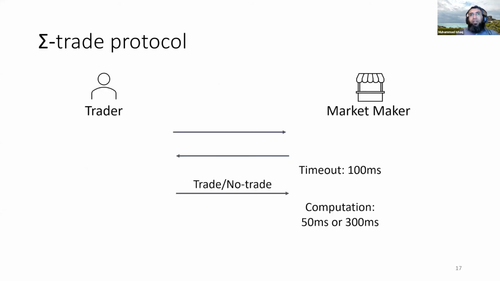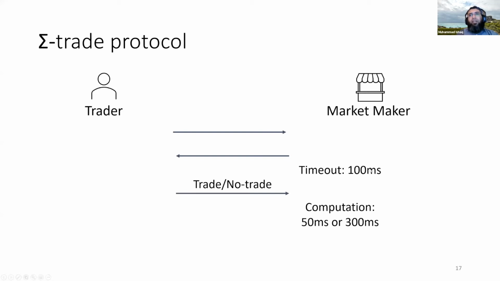And to this end, realize that at the very core of our protocol is this Sigma trade protocol. And after the market maker speaks to the trader in the second round, the trader can go away. So in the realization of this protocol, we have a timeout here, which is set to 100 milliseconds.